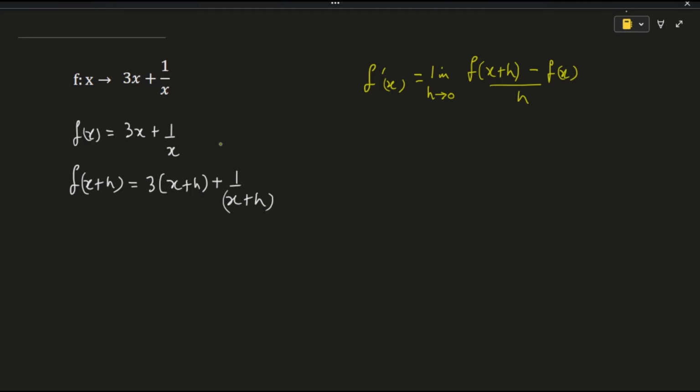So let's substitute these expressions into this formula. So here, let's work out the numerator and simplify it. Then we can introduce the denominator. So we're going to have f of x plus h minus f of x is this.